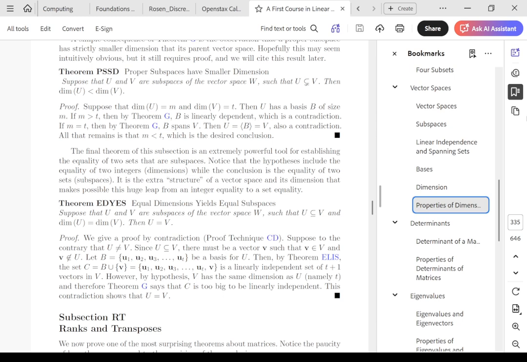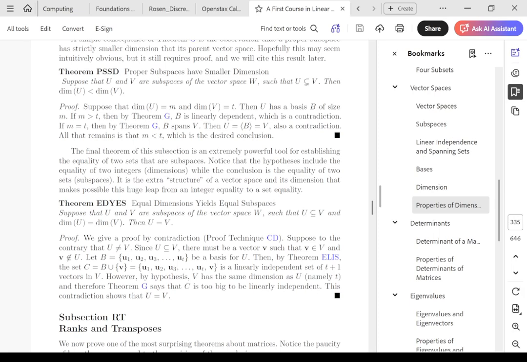It says, suppose that U and V are subspaces of the vector space W, such that U is a proper subset of V. Then the dimension of U is strictly less than the dimension of V. So proper subset means that it is not the whole set. So the dimension of any proper subspace of V will be less than V.